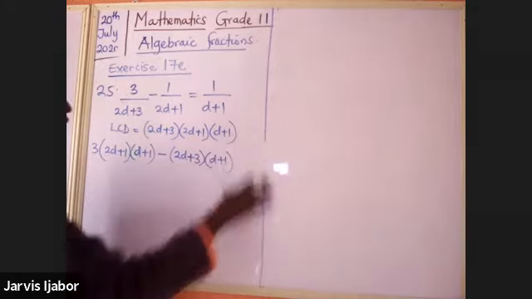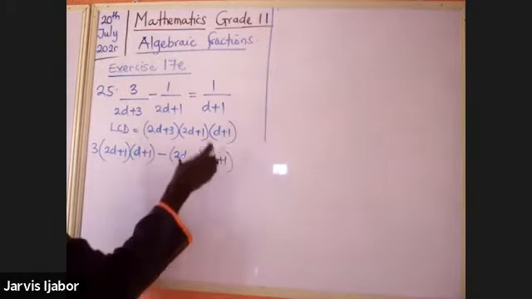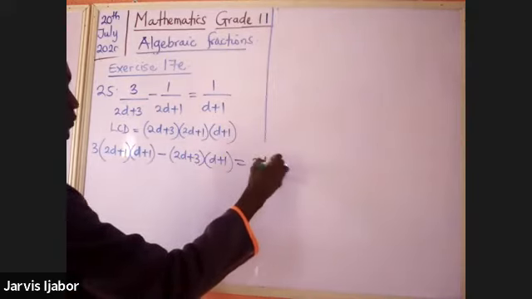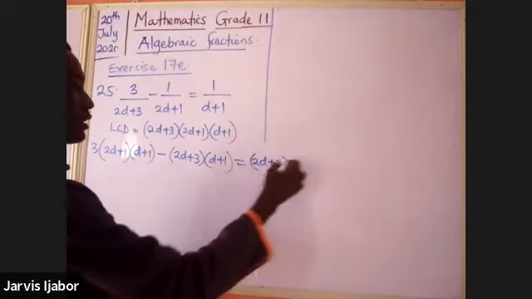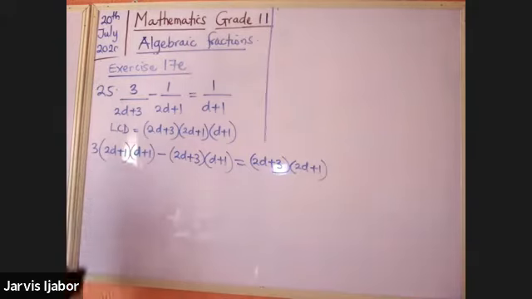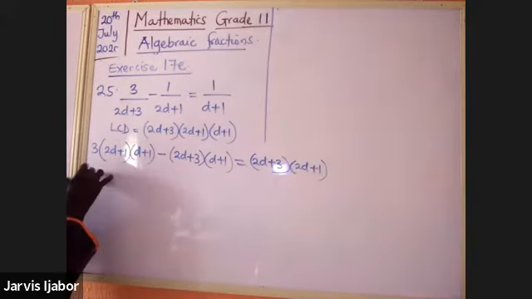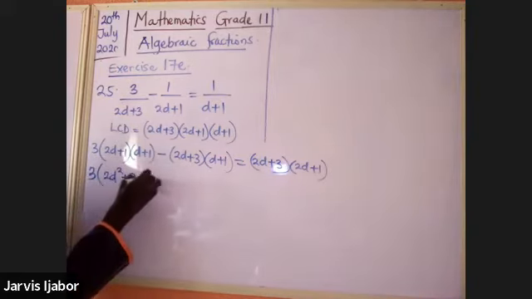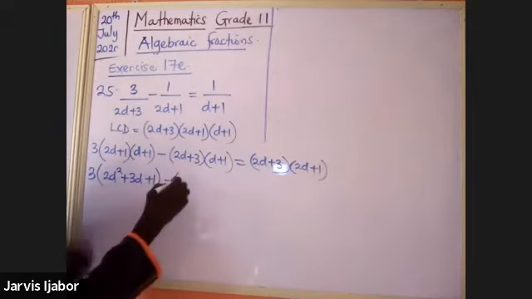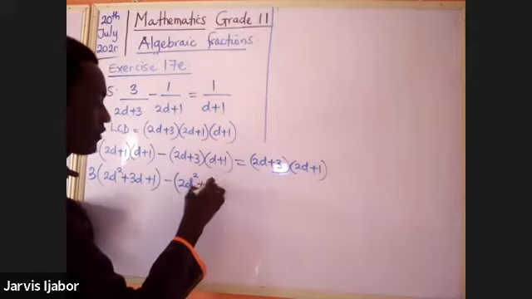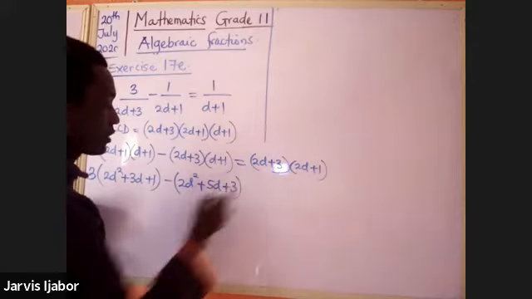And then this one equal to 2D plus 3 into 2D plus 1. All right. So with that in place, this will now be 3 into 2D squared plus 3D plus 1 minus bracket open 2D squared plus 5D plus 3.